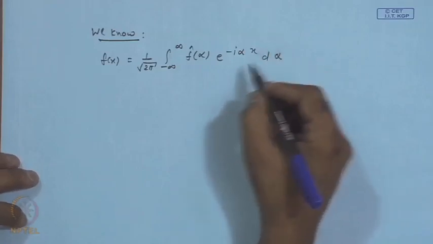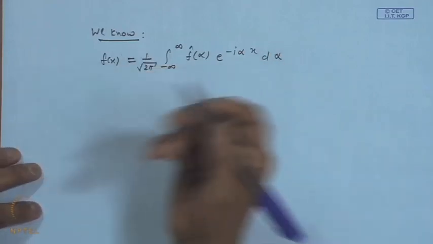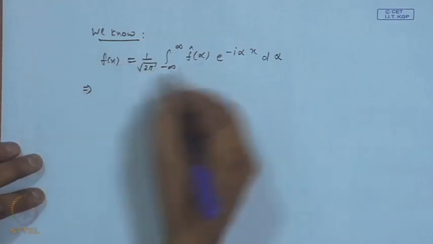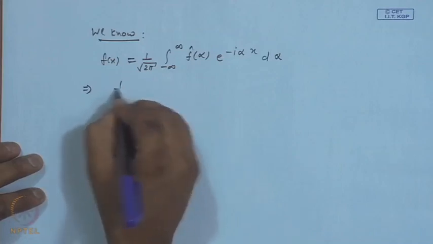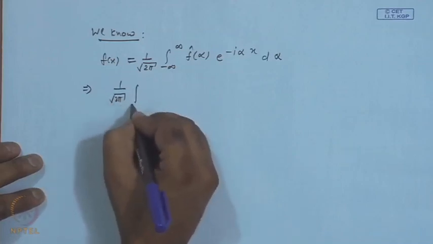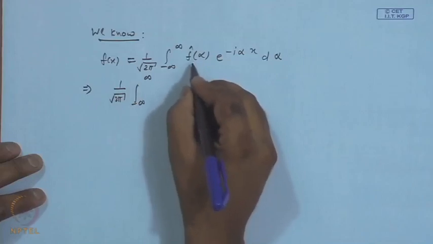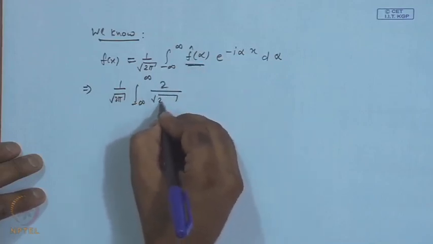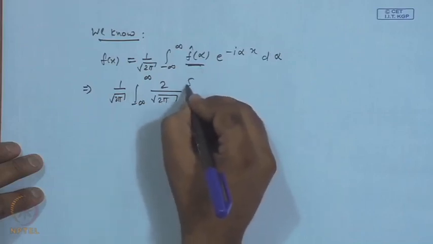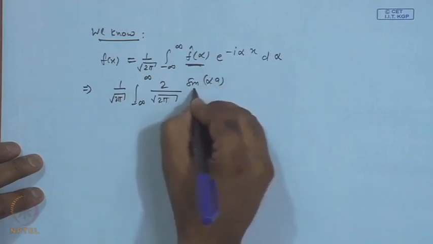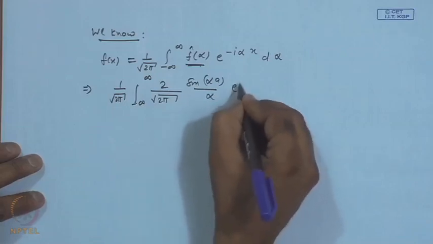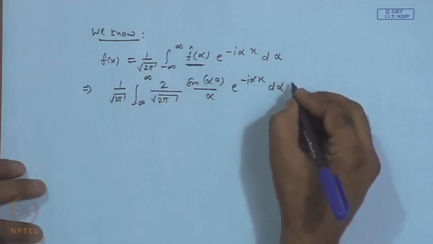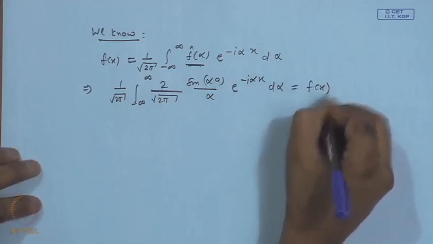At a point of continuity this equality holds, and otherwise we have the average value in any case. So what we have now is 1 over square root 2 pi and this integral from minus infinity to plus infinity, where f hat alpha was 2 over square root 2 pi, sine alpha a over alpha, and e power minus i alpha x d alpha, as f(x).